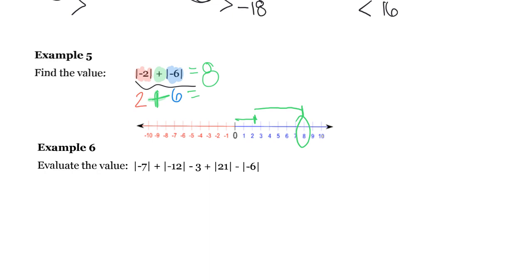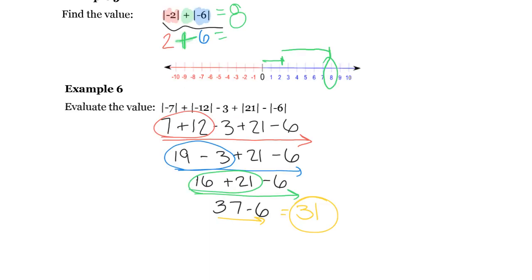So I want you to take a moment and pause the video and try example 6 down here. Really watch your signs. For this one, I am going to show work, but I'm not going to explain it. So pause, try your best, and when I show the work, see if you get it wrong, how you can piece it back together, okay? All right, so hopefully you got the answer of 31.